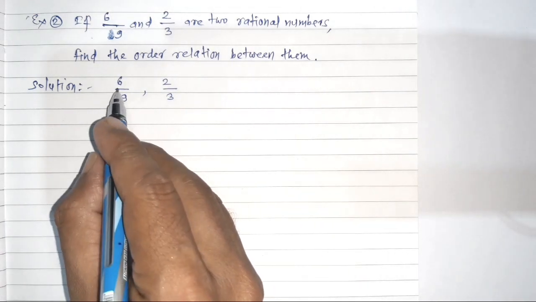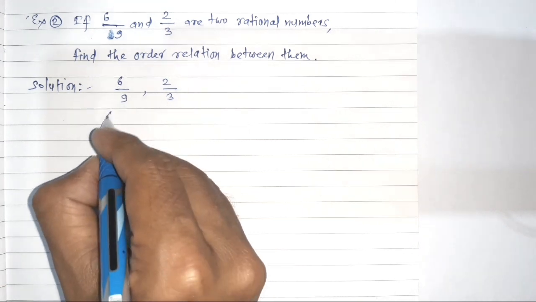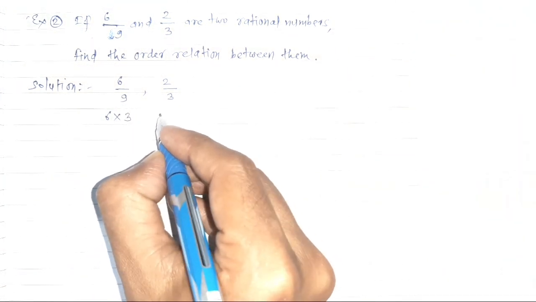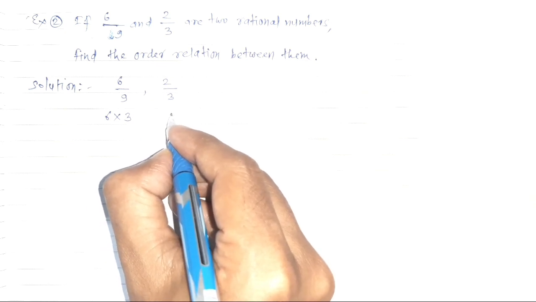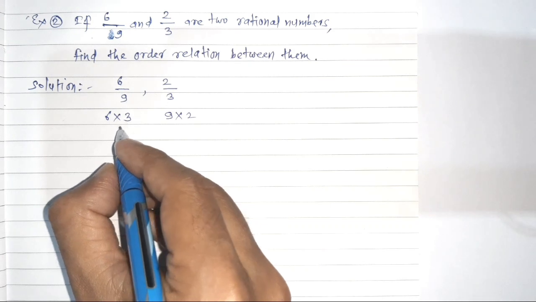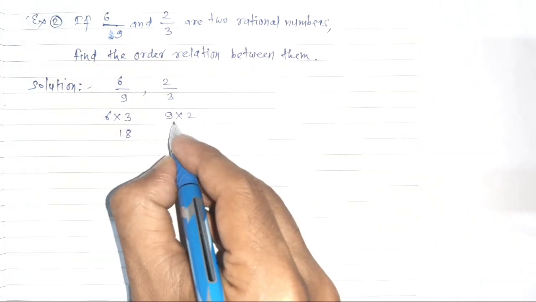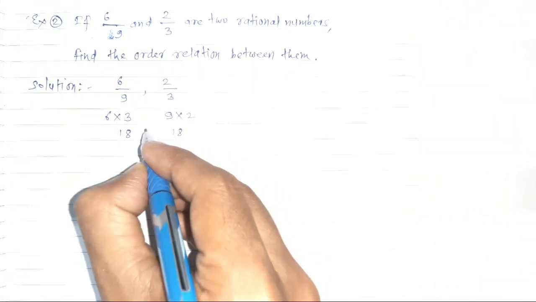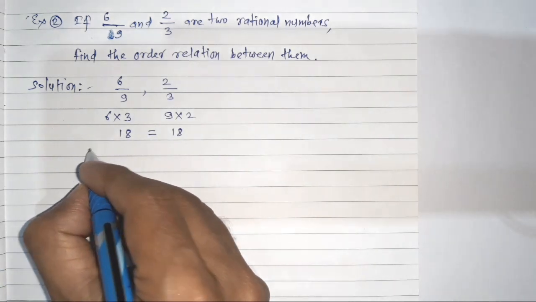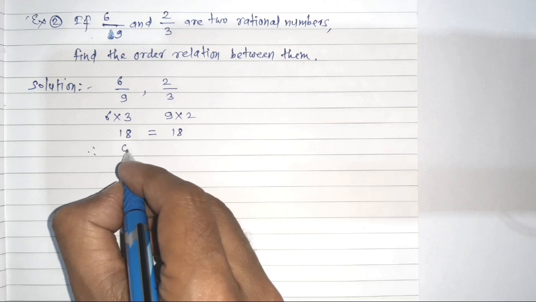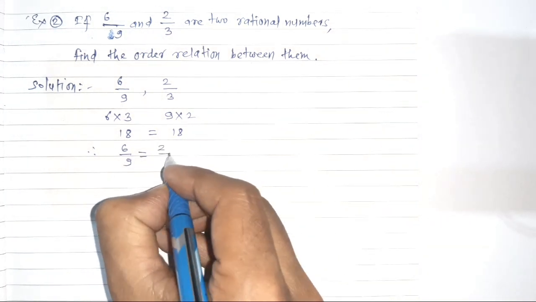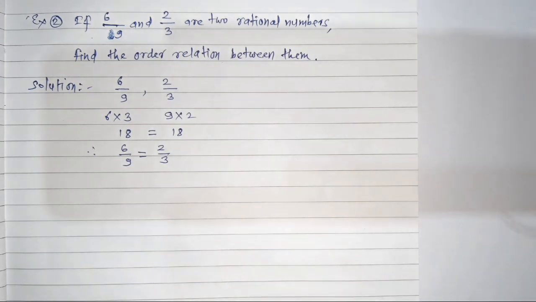We take the product of 6 and 3, then the product of 9 and 2. 6 multiplied by 3 is 18, 9 multiplied by 2 is 18. The products are equal, therefore 6 upon 9 is equal to 2 upon 3.